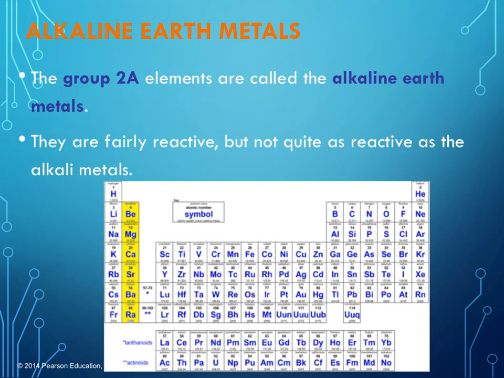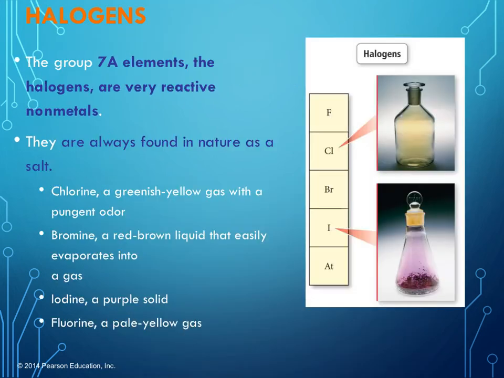Alkaline earth metals are group 2A. They're a little bit less reactive than group 1A. And I don't know why the names have to be so close together. You've got to be a little careful. So group 1A is alkali metals, and the main difference is group 2A, alkaline earth metals.